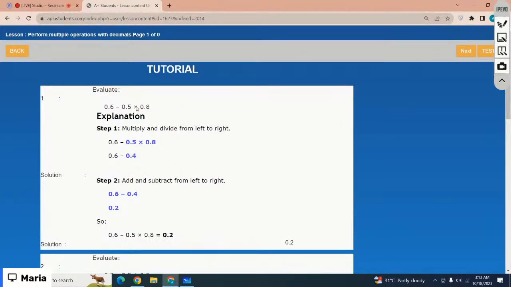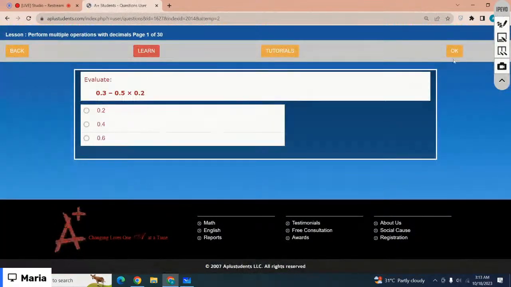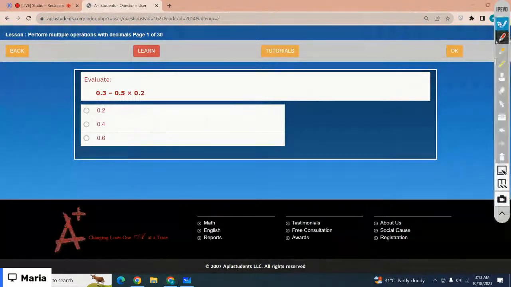Let's just start with the practice questions. You have a subtraction and multiplication. Multiplication has the highest priority, so you have to multiply first, right?